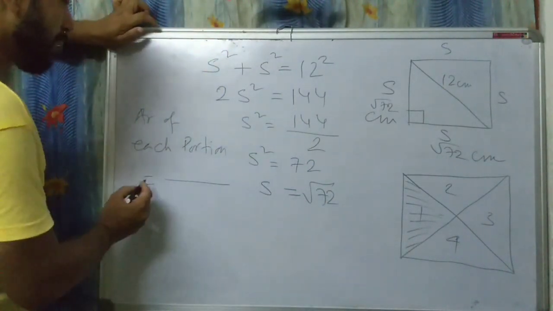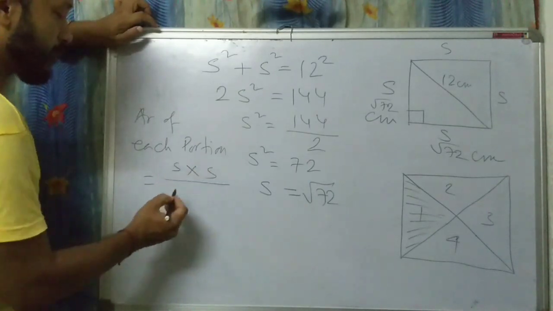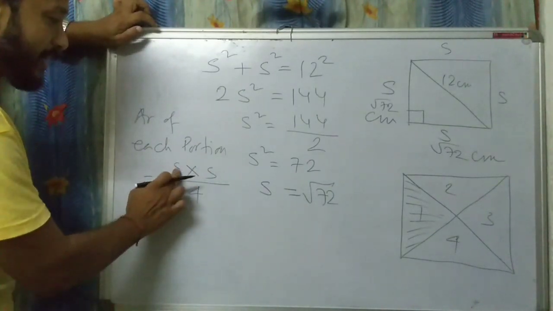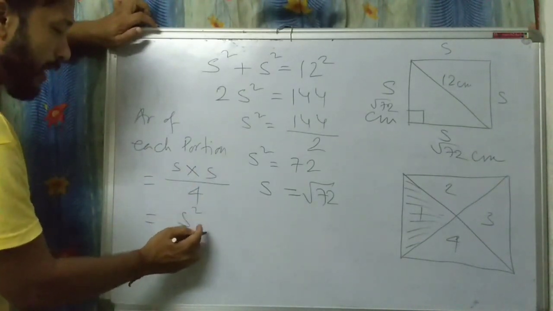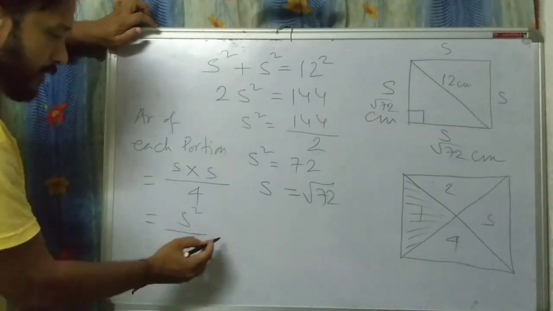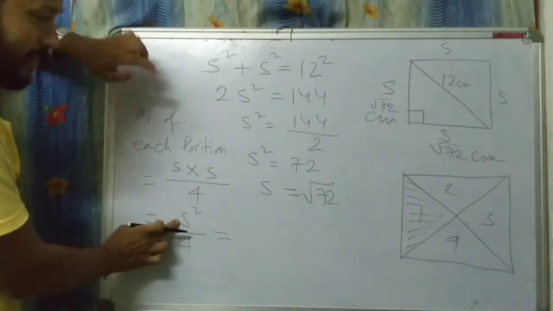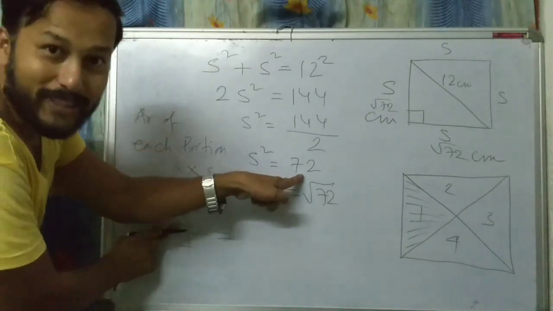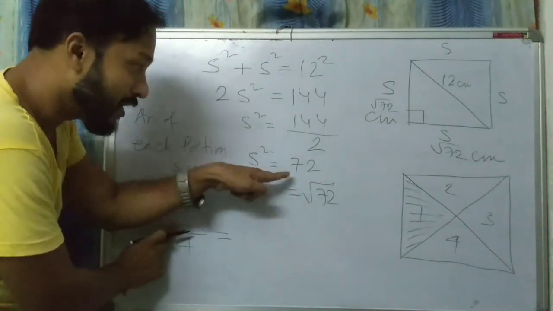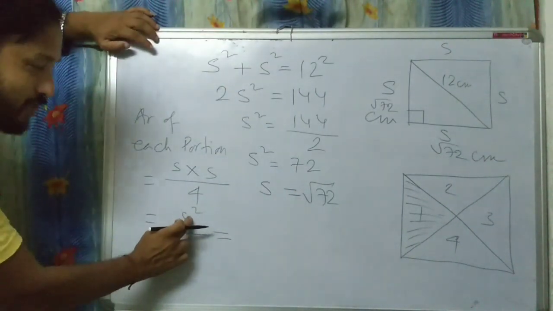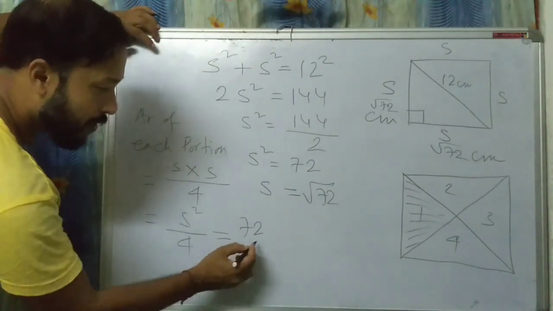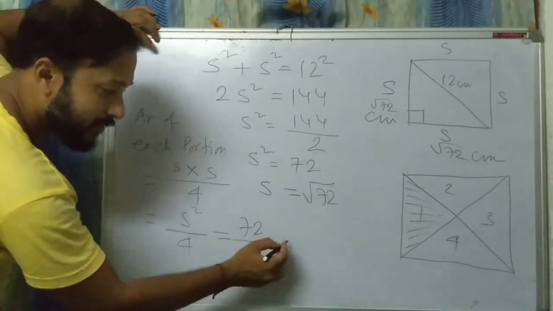Area of the square means side into side, by 4. Side into side means side square by 4. Now, what is side square? Side square equal to 72. That is given already. So, instead of S square, I am writing 72 by 4.